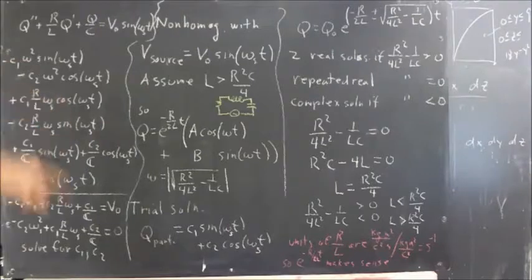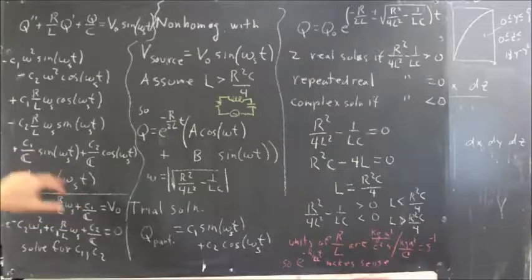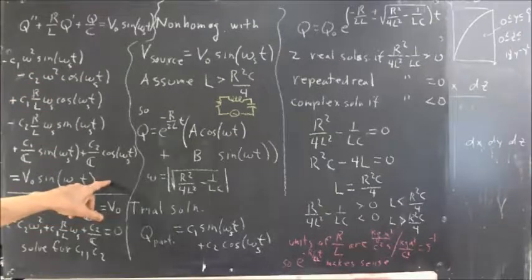So we take those terms and collect them together, and we're going to set that equal to V naught sine of omega S t. So the sine of omega S t will go out of every one of those terms, and we're going to end up with this. Negative C1 omega S squared minus C2 R over L omega S plus C1 over capacitance C, and that should equal V naught. The cosine terms are going to have to add up to 0 because we have no cosine on this side.